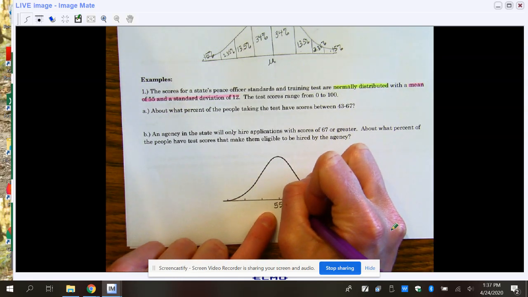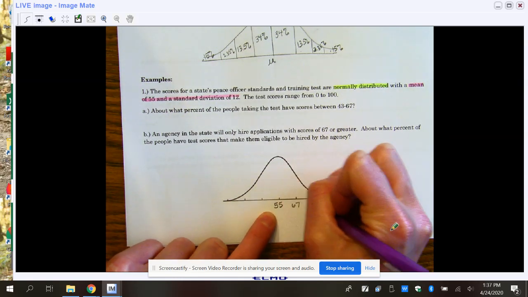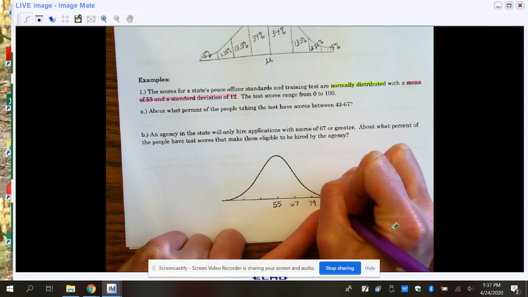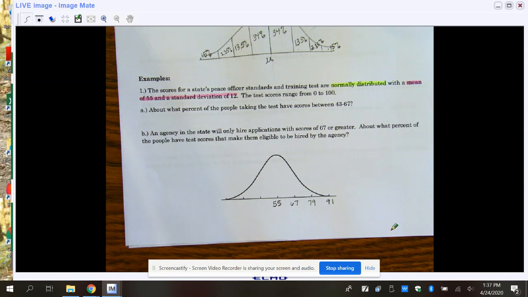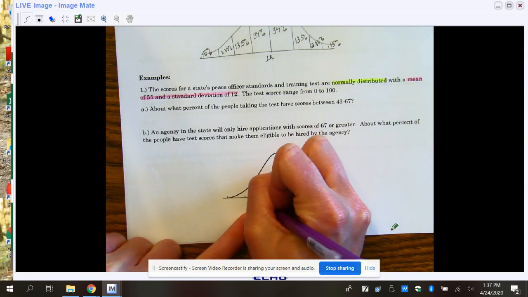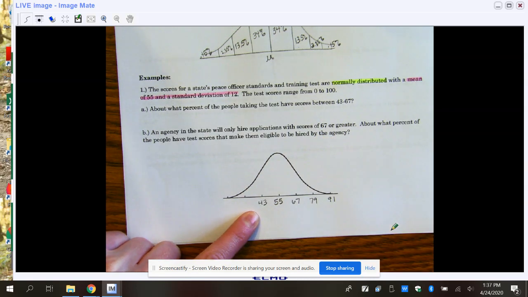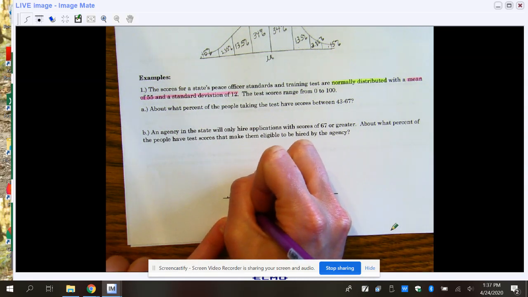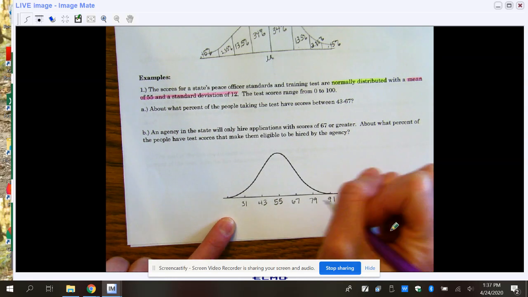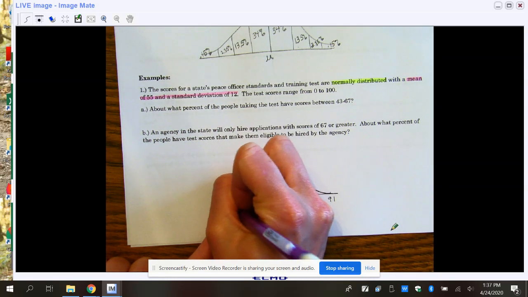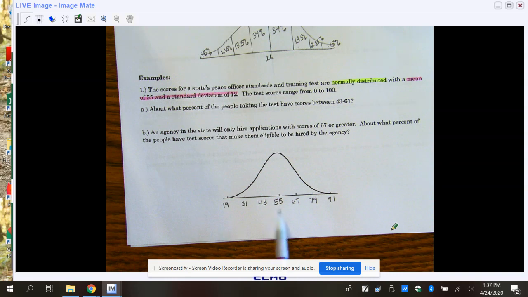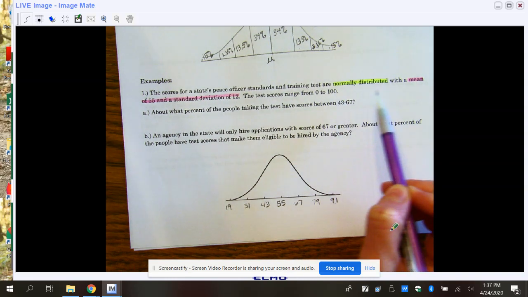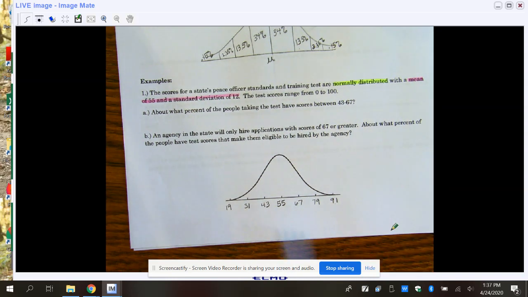So 55 plus 12 is 67, then 79, and then 91. And then when I subtract 12, that would be 43, and then 31, and then 19. So we've got 1, 2, 3 standard deviations above, 1, 2, 3 standard deviations below.